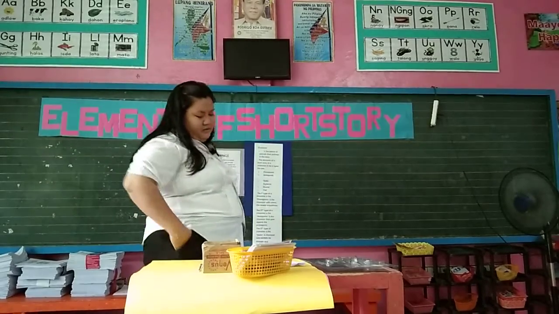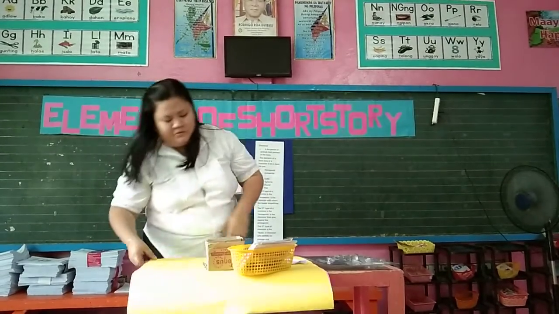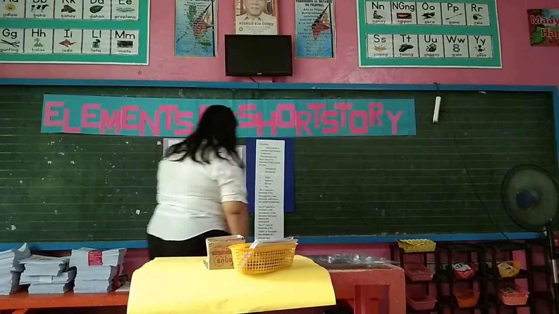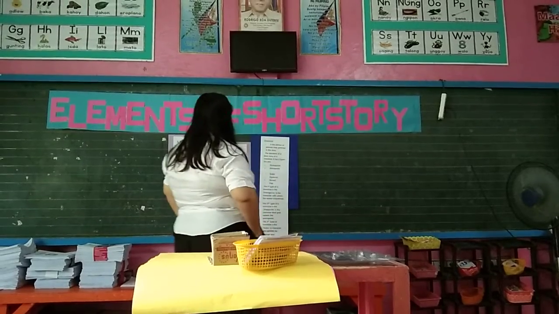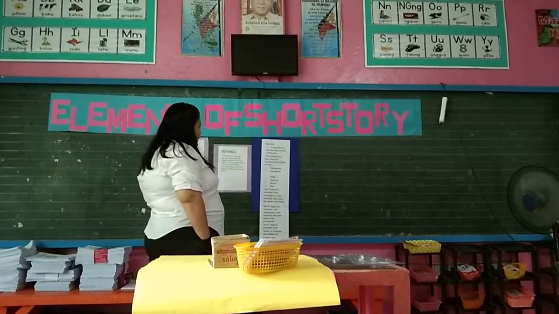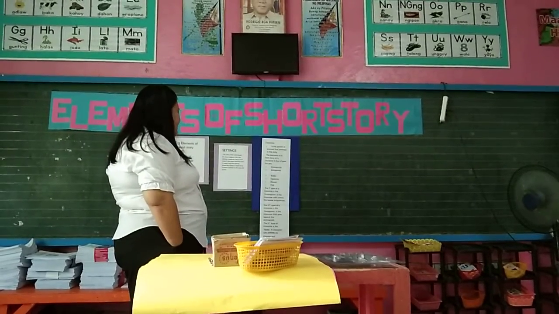Protagonist is the character with whom the reader empathizes. So the second type of character is the antagonist.